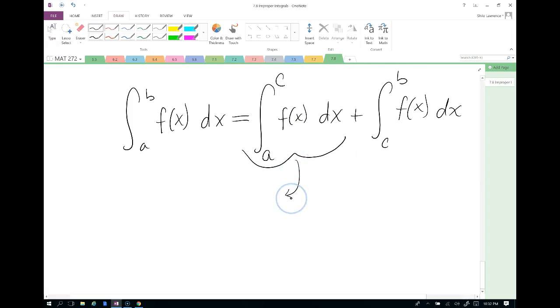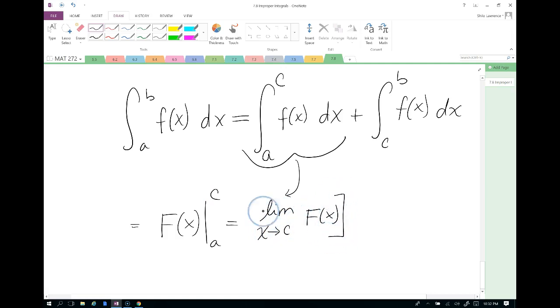So I'm only going to do one of these just as an example. For this one, we would do our antiderivative, which is capital F, and then evaluate at c and a. But since c was a bad spot, we would really have to think of it as the limit as x approaches c for F of x. And then a was perfectly fine, so then we could just subtract F of a.